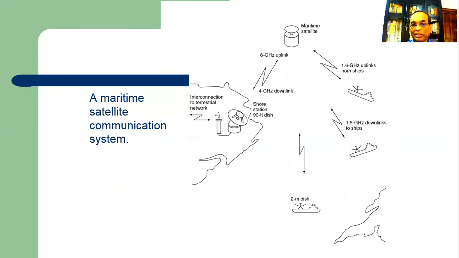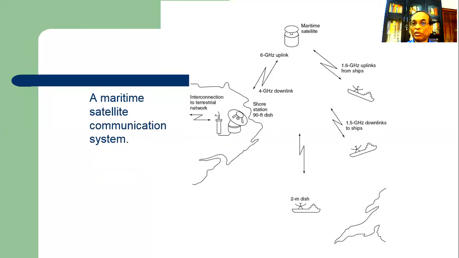Here is just a pictorial view of the thing over the globe at several places. So it is the maritime satellite. 6 GHz is the uplink frequency and 4 GHz is the downlink frequency, and 1.6 GHz uplink from ships, then 1.5 GHz downlink to ships.